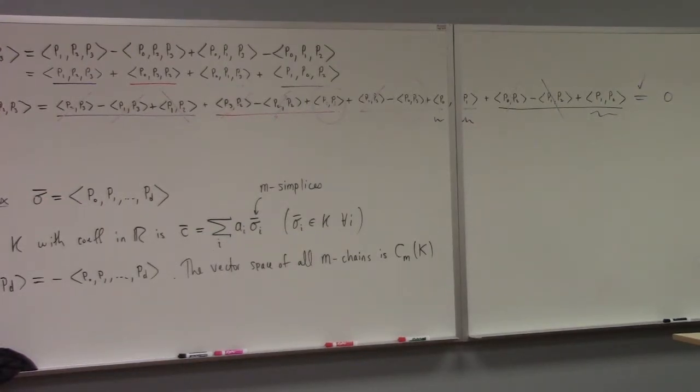That's right. As you may recall from proofs of Green's theorem, when we break up the face into subfaces, you get cancellations along inner boundaries. Okay, so the boundary squared is 0.